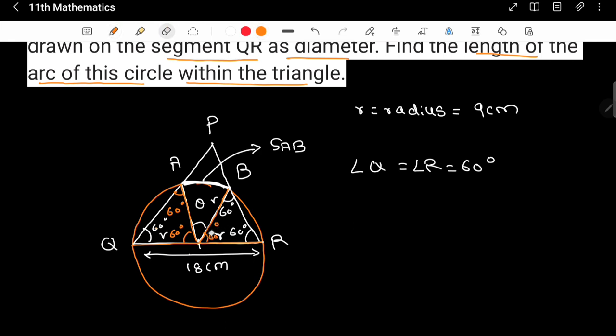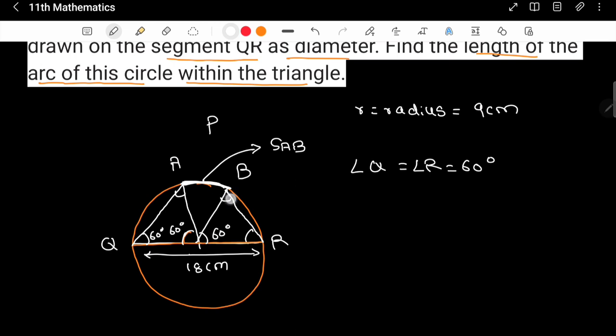Let me just erase this mess and draw it again. I'll draw the triangles in the interior. So these are the two triangles, and these two triangles are coming out to be equilateral triangles. 60 degree, 60 degree, 60 degree.